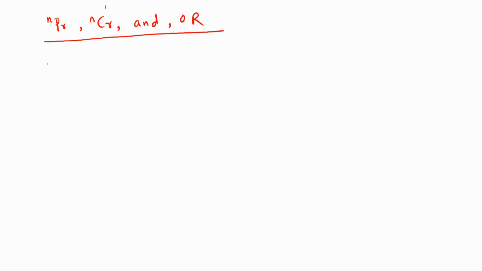So let's say you have a four letter word, ROSE. Okay. So how many ways can you rearrange these four letters? As I already discussed in the previous video, let me explain it one more time.